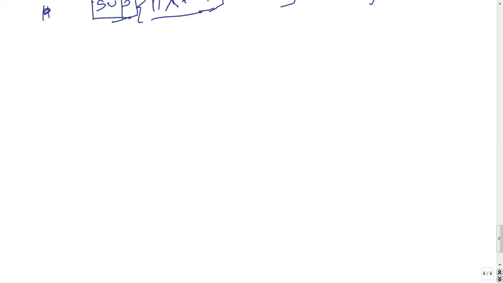Then this operator capital X would be called a bounded operator.